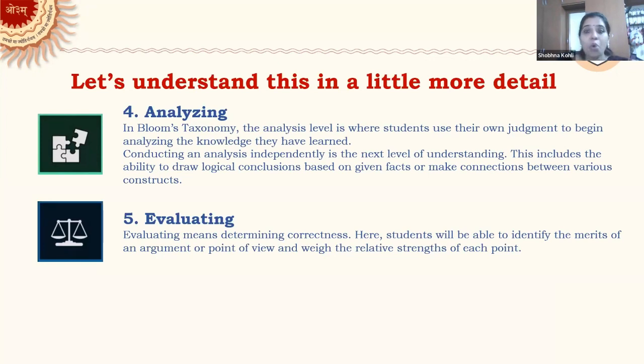When we ask how you got this answer, we cannot just accept the answer. We ask what you have done, how you thought you have to do this. So they will be able to give reasoning for their answers. When a child is at this level, we can say the child has reached the evaluating level.